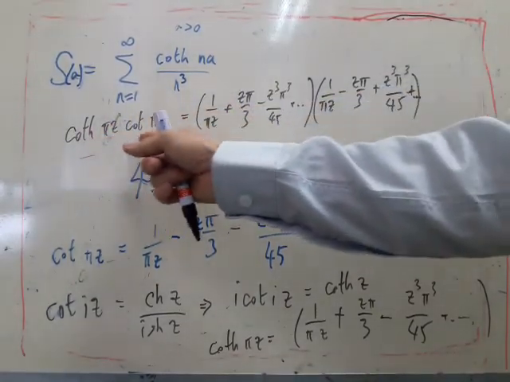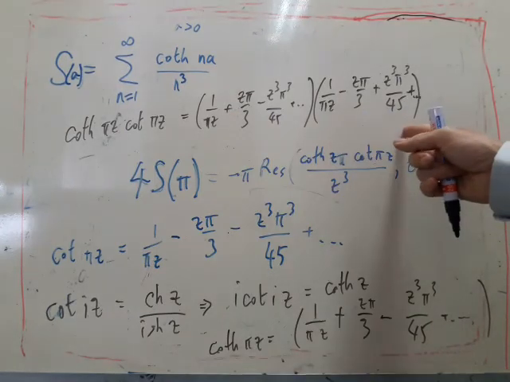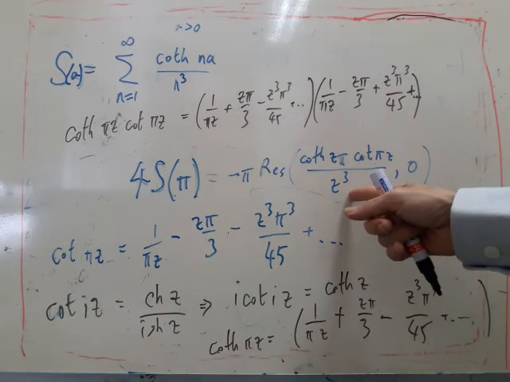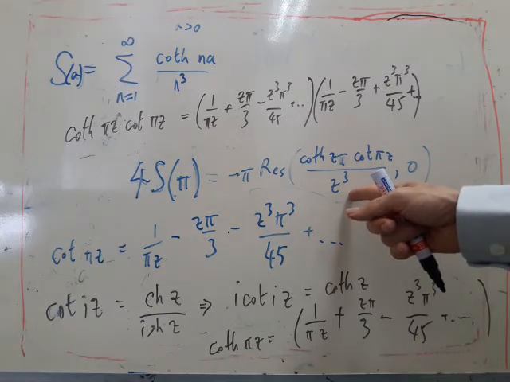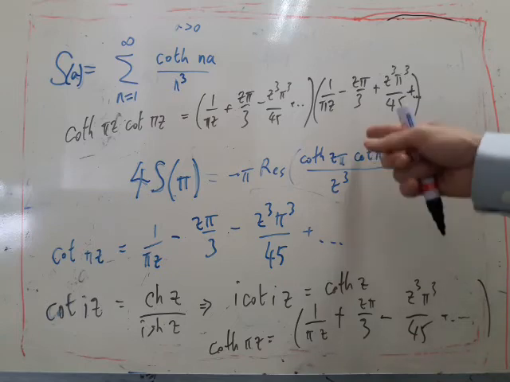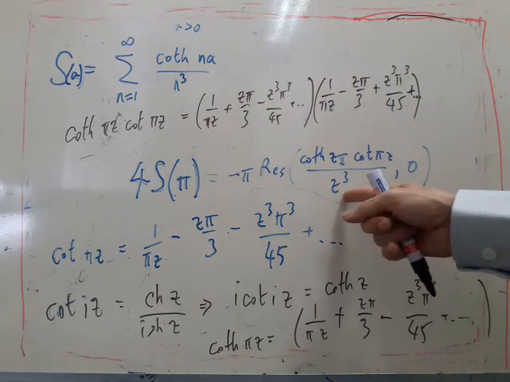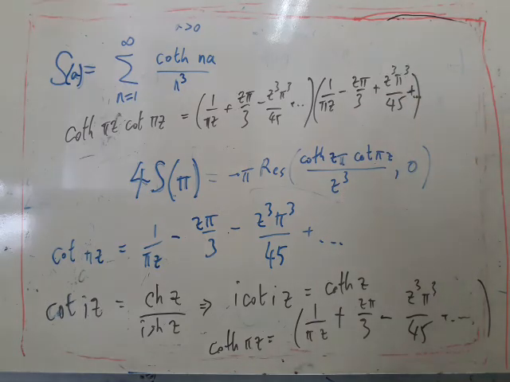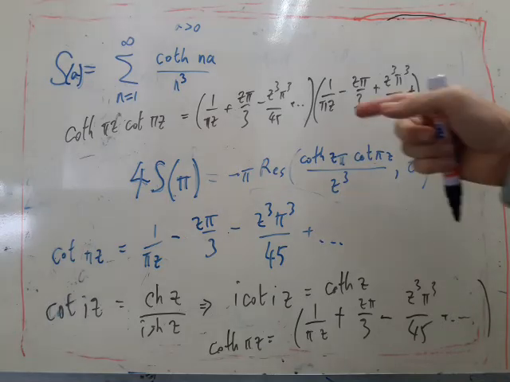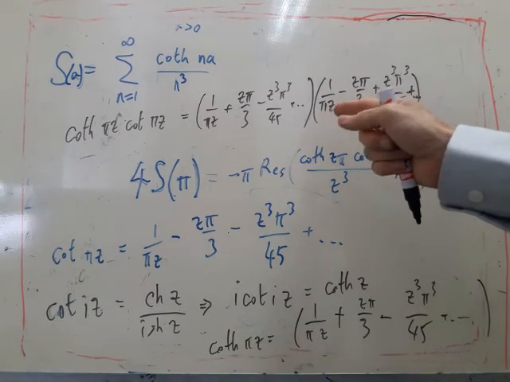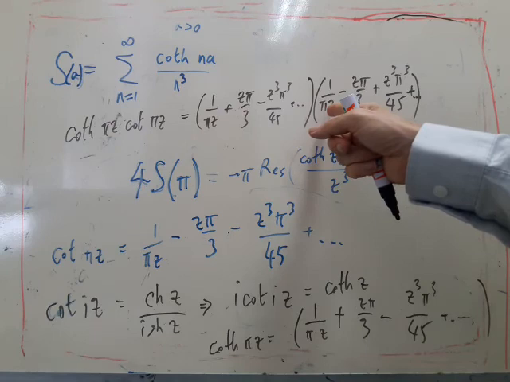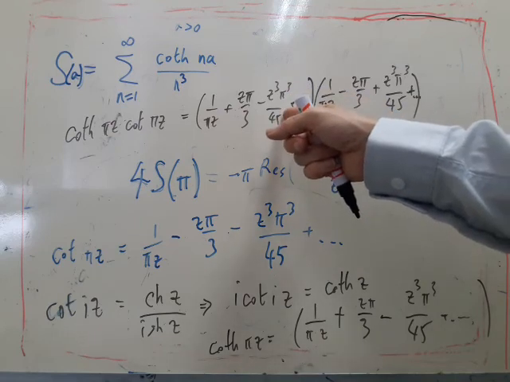Okay, so multiplying these two things together, multiplying the series together, what I'm looking for is a term which will give me a z squared. If I get the z squared term from here, when I multiply by 1 over z cubed, I'll get the residue. So how do I get z squared? Well, I can get it from multiplying this by this.